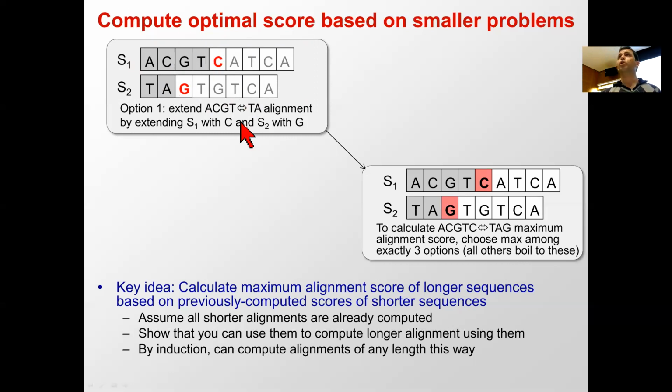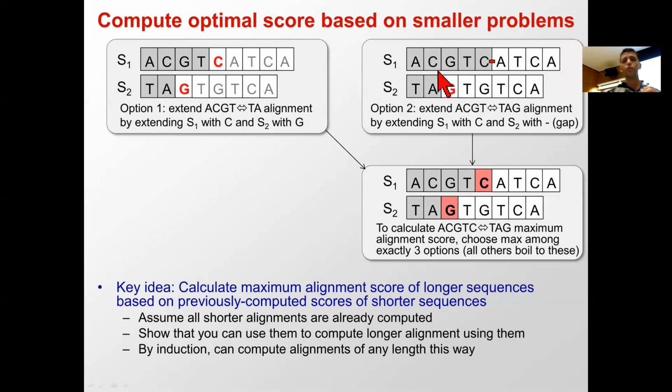So that's option number 1, where I'm aligning those 2 nucleotides to each other. What's another option? Yeah. You take one nucleotide from one sequence and then create a gap with the other one. Perfect. Okay. So solution number 2 is I'm just going to extend this sequence by 1, and for the other one, I'm just going to put a gap there.